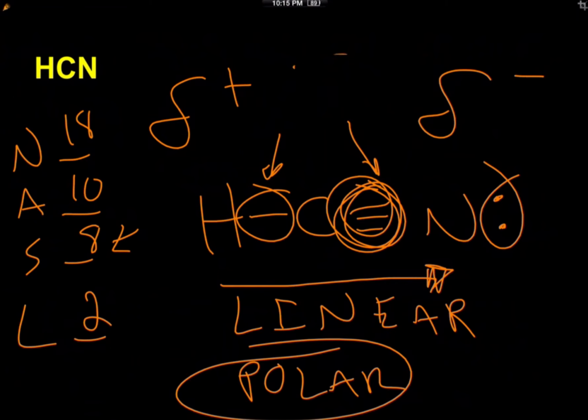So this is an sp hybridization. Okay, so sp is always the number of bonds minus 1, so s and then p gives us sp hybridization.